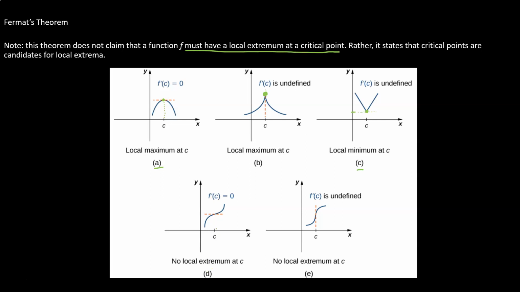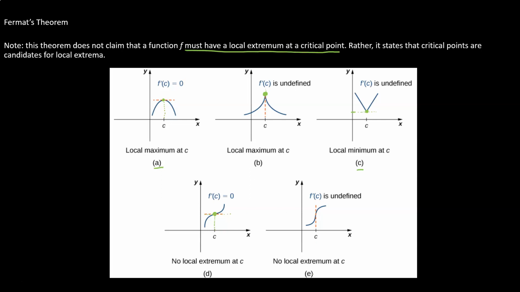So at graph D, we can follow above x equals c and see that we're able to find a horizontal tangent line there. So we do have a 0 derivative at c. However, this is not a max or a min. We'll learn later that this is something called an inflection point.